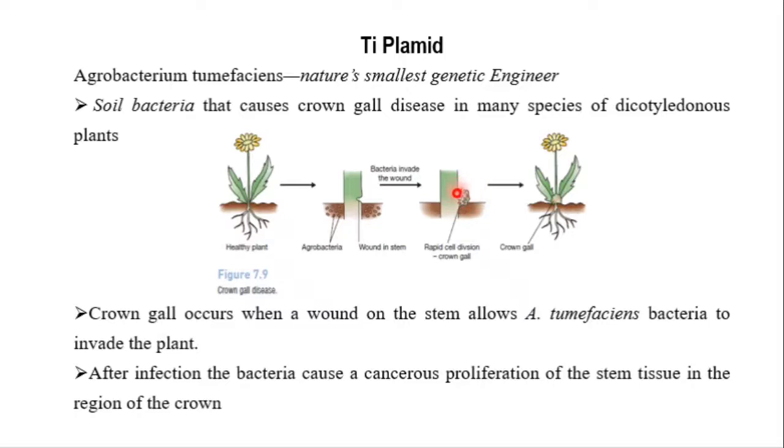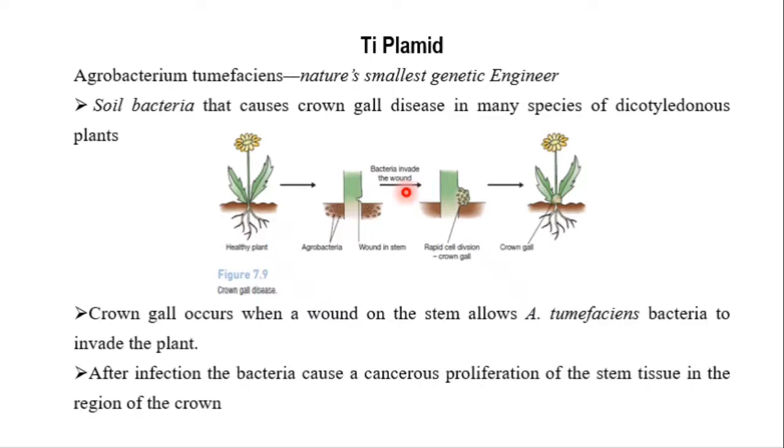Agrobacterium tumefaciens. Agrobacterium tumefaciens is a naturally occurring bacterium, also known as nature's smallest genetic engineer, and it is able to transfer part of its plasmid DNA into the host plant cell.